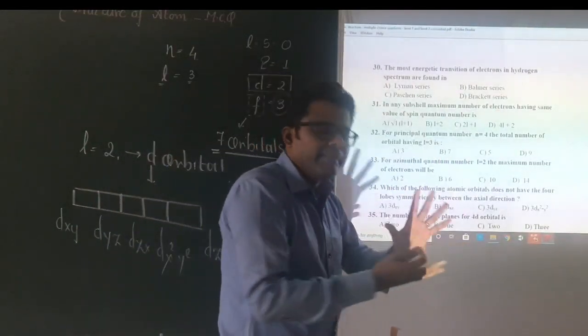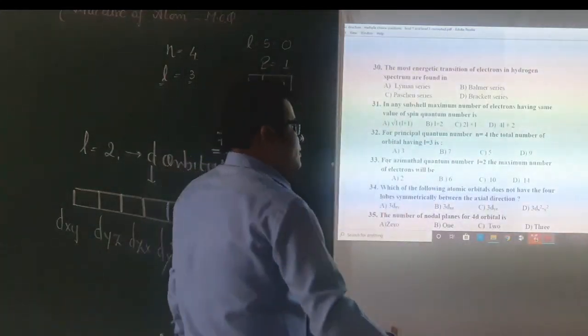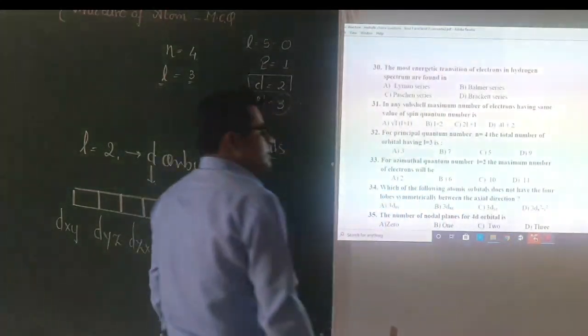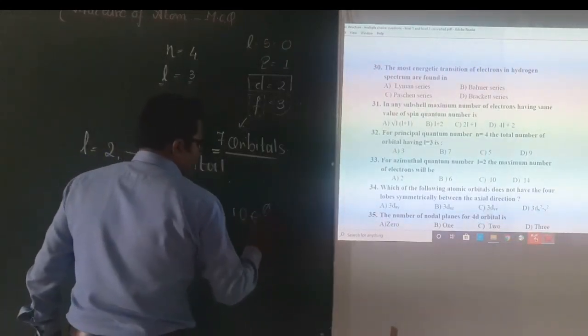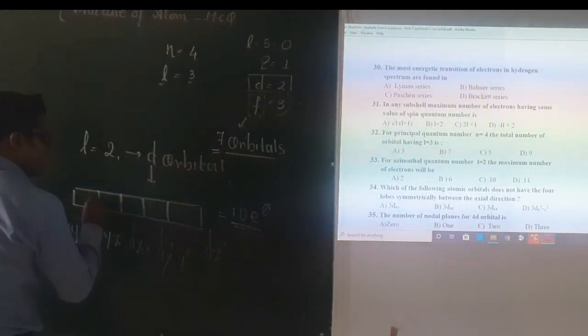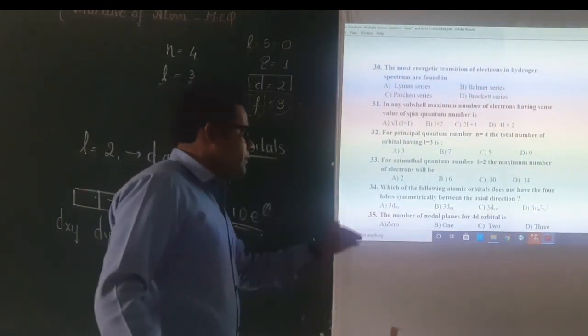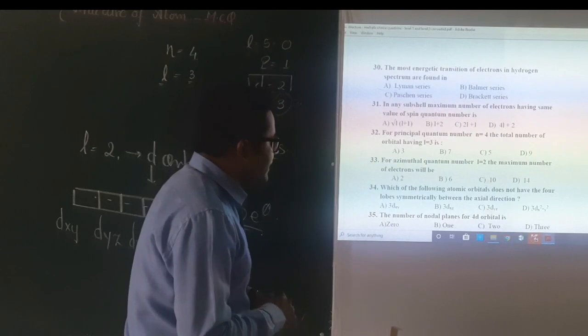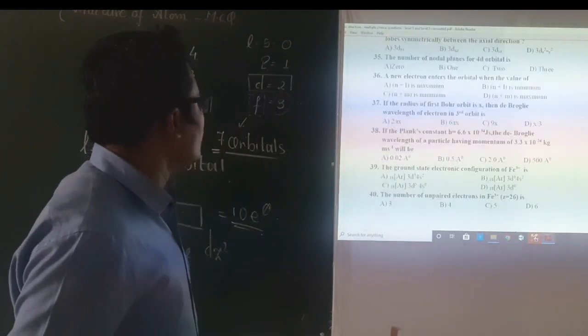So the total number of electrons for L equal to 2 will be 10. So the answer is 10 electrons can be filled in these orbitals. Right? So going forward with the next question, question number 34.